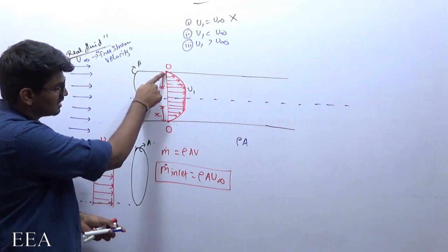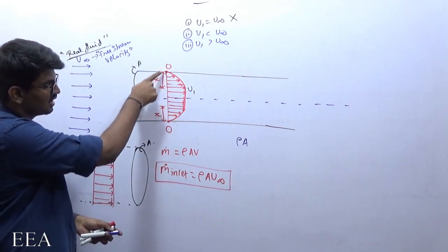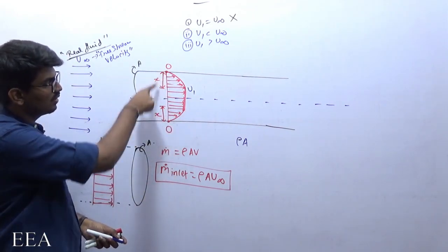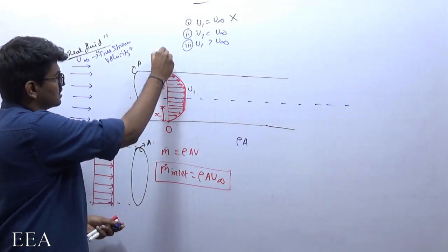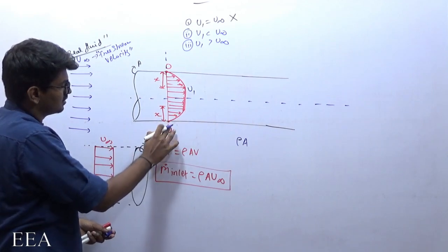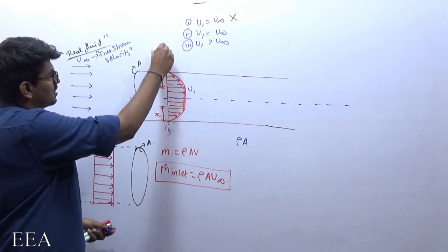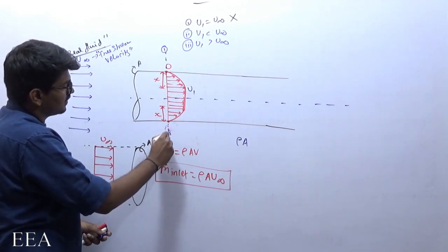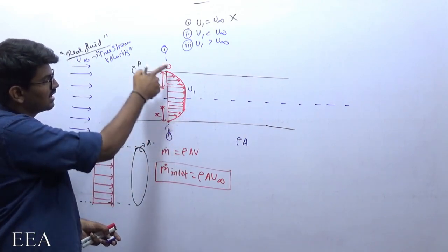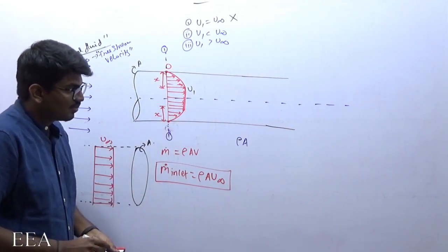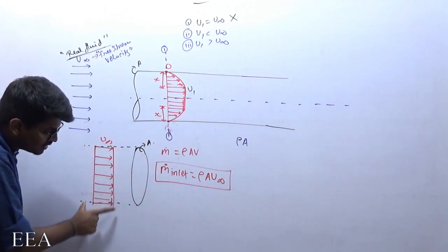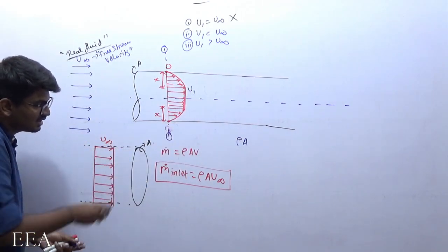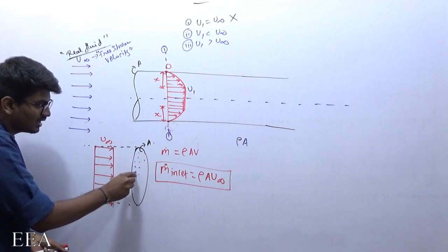Consider a cross section here, the first section. That cross section area is equal to A, but in it the velocity is not distributed the same at each and every point.